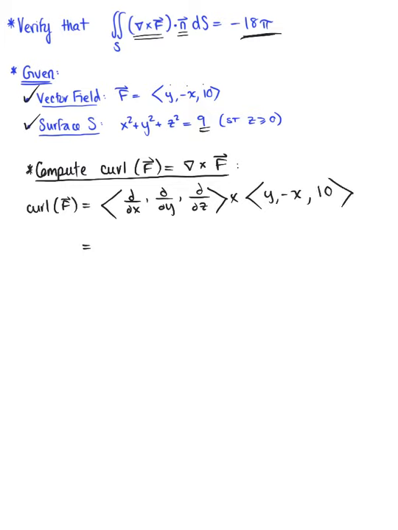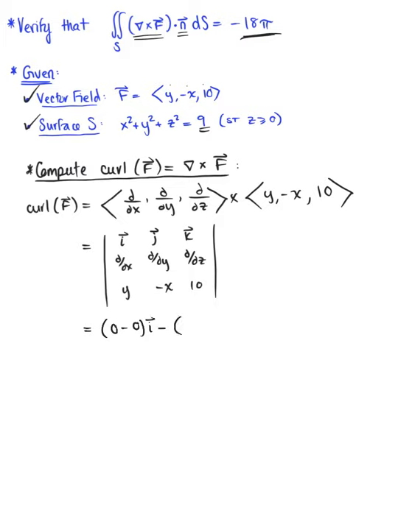And we again are crossing this with the given vector field y, minus x, 10. If it helps to see this easier, we can put this into the determinant of that 3 by 3 matrix. So you have the unit vectors, and we have d/dx, d/dy, d/dz, and then our third row is our vector field, y, minus x, 10. Computing the determinant, we see our first component, we have 0 minus 0, i hat, minus, we then have 0 minus 0, j hat, plus, then we have minus 1, minus 1, k hat.